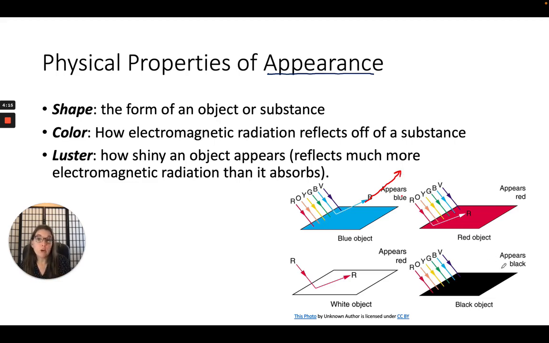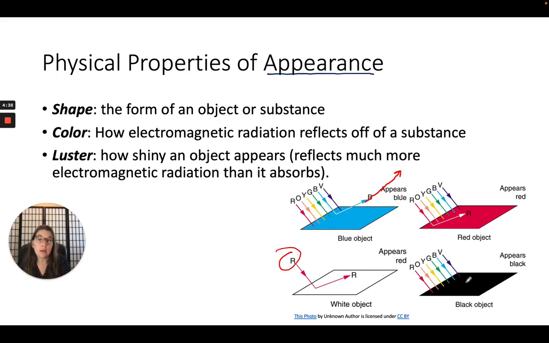Now it's a little bit different with white and black. For a white object, all the colors mixed together make us see white. So this R probably stands for rainbow. All of the colors are going to reflect off of the white object, and then your eye registers that as white when you see all the wavelengths together.